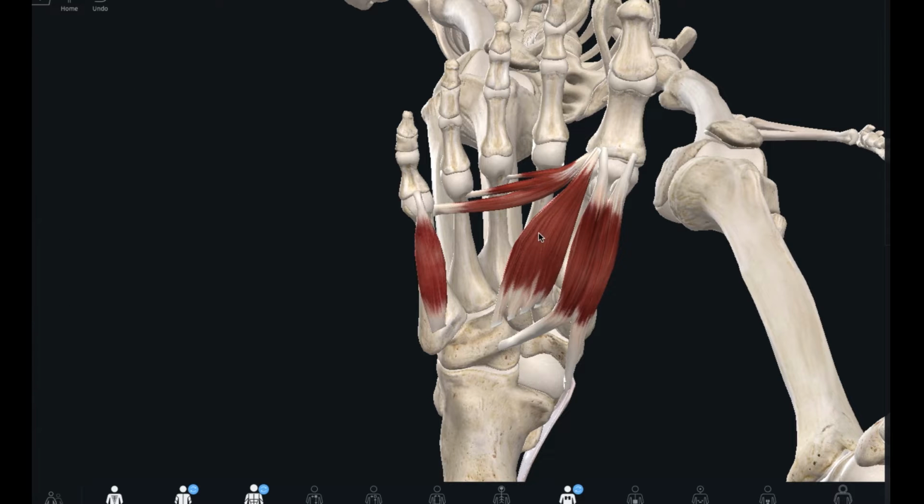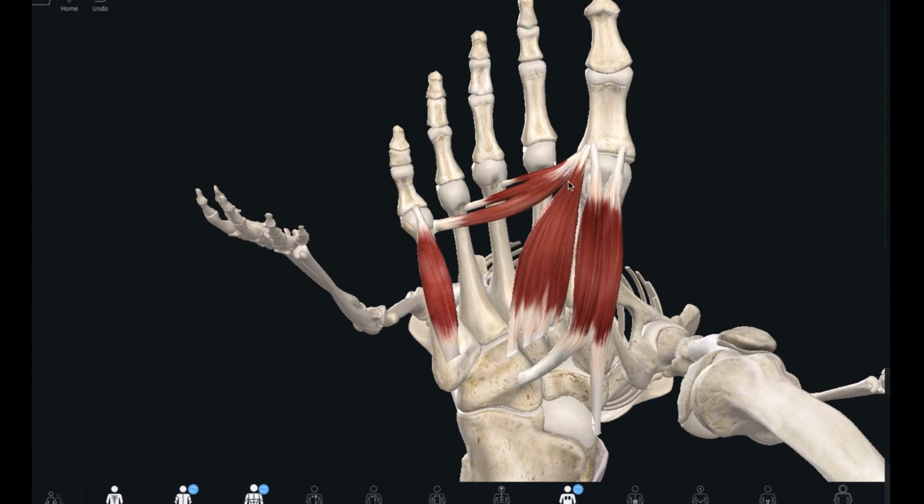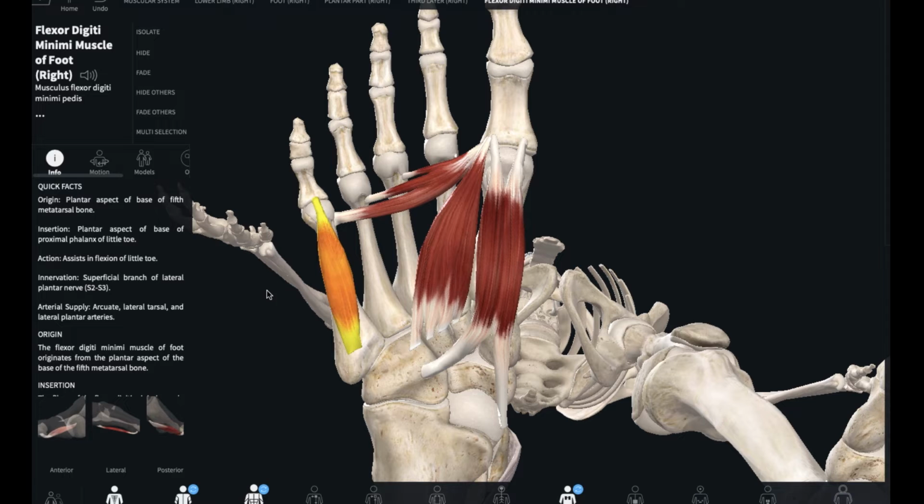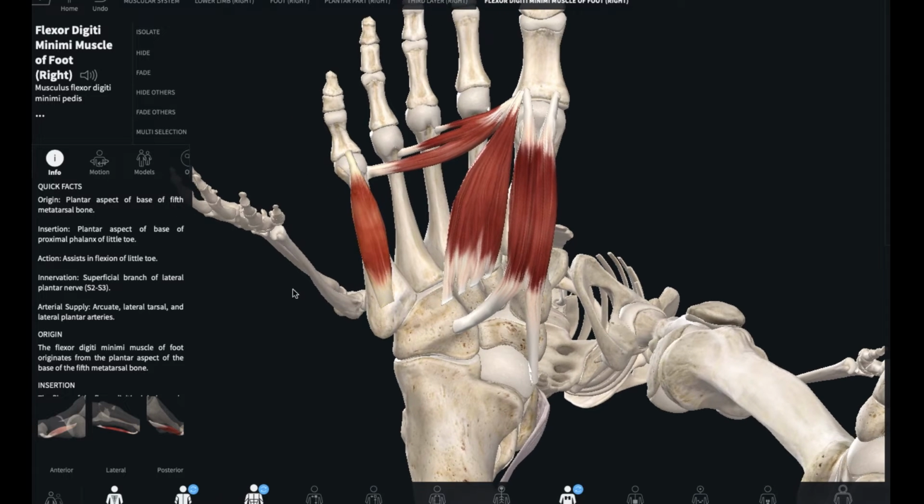So now we're on the third layer. I can already tell, just from looking at it, it's going to be flexion, just from the location of where it is. And because this is on the side, it has to do with adduction. And this would probably be flexion. So let's double check. Flexor digiti minimi muscle.